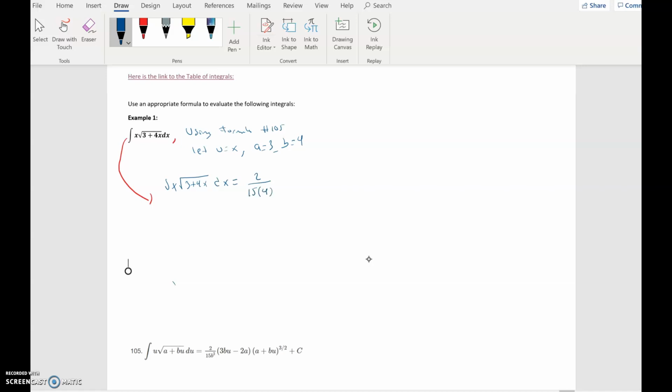B happens to be 4 squared times the actually 3b, so times 4, minus 2 times, actually, wait, I forgot the x. So 3 times 4 times x minus your 2a, and a was the 3. And then times 3 plus 4x raised to the 3 halves plus c.